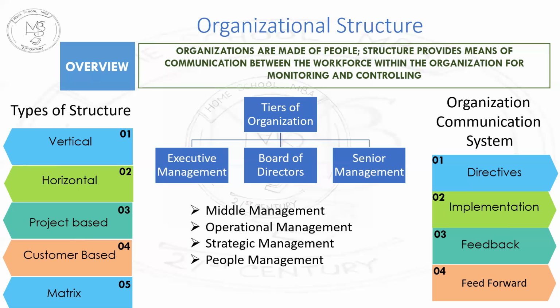Middle managers are responsible for managing their separate wings or departments or sections. Then there is operational management. These are the people who are actually involved in implementation of the rules, regulations, policies, and SOPs of the organization.